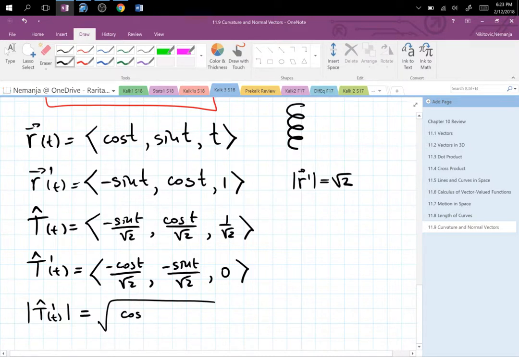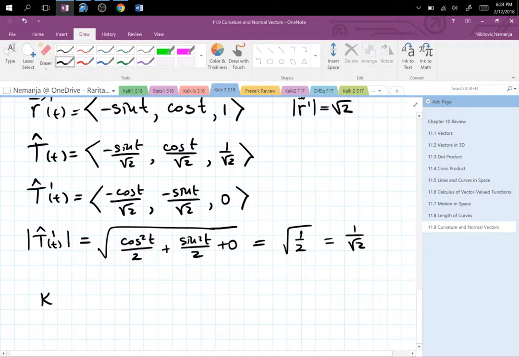So we have cosine squared t divided by 2 plus sine squared t divided by 2, and then we have a 0. Here's 0. So you're all happy. Well, you know that the happiness is important to us, especially in math. Right? So we have sine squared plus cosine squared is 1. So the whole thing becomes square root of 1/2, which is 1 over root 2.